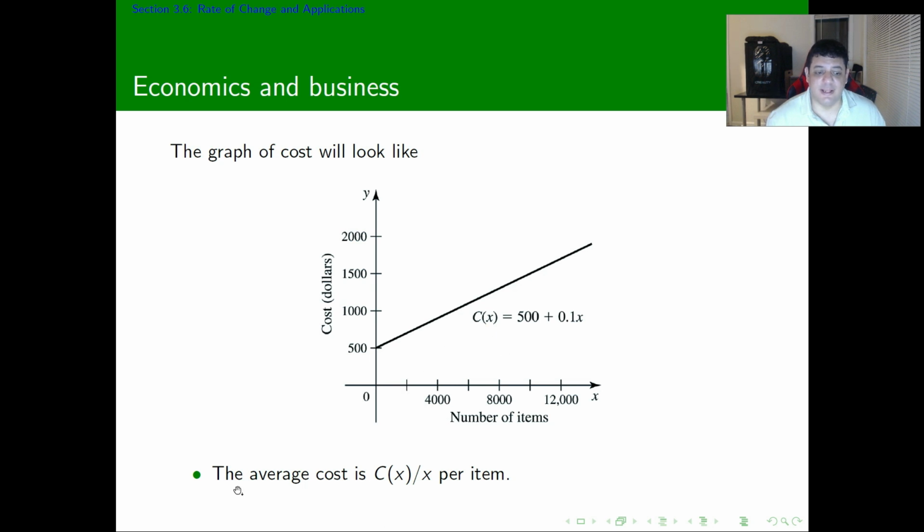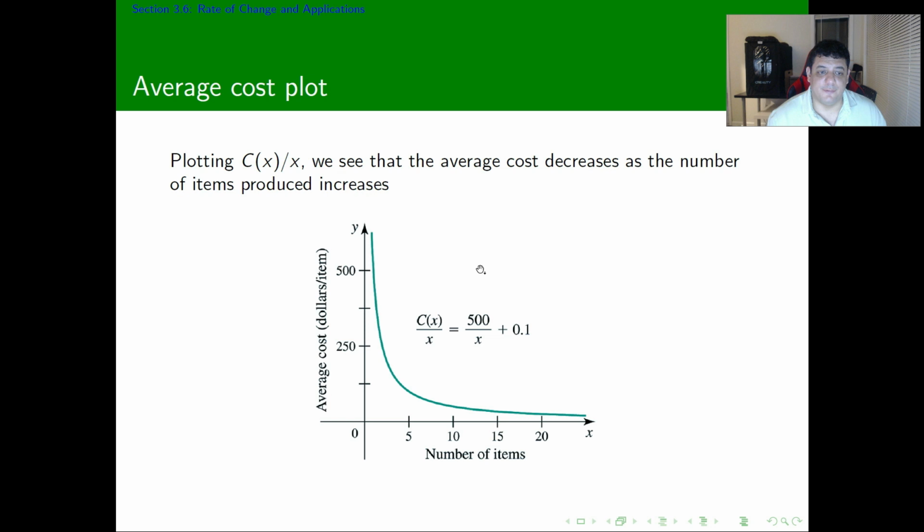That means that the function C of x over x is the average cost per item. Now in here we can see that this cost function is a line, but when we divide by x, it becomes a different function. It becomes a function like the 1 over x function, with an asymptote at 0 and going towards 0 at the end.